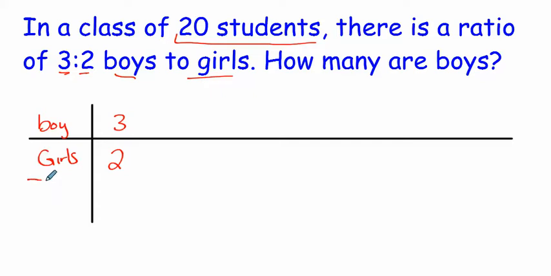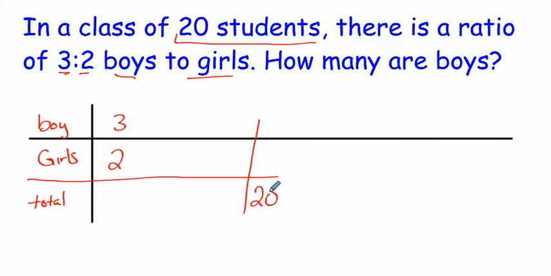So what is different about this ratio table is I actually need a total row now. I need a total, okay? Because they're telling me how many total students I have. I have a total of 20 students. But right now, how many total students do I have? Well, right now I have 3 boys and 2 girls, so I have a total of 5 kids.